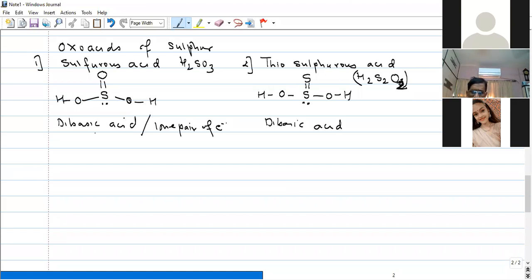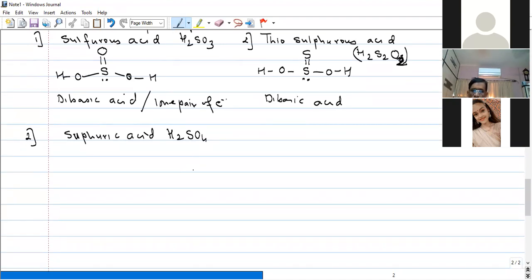Okay. Next, sulfuric acid. Formula of sulfuric acid: H2SO4.